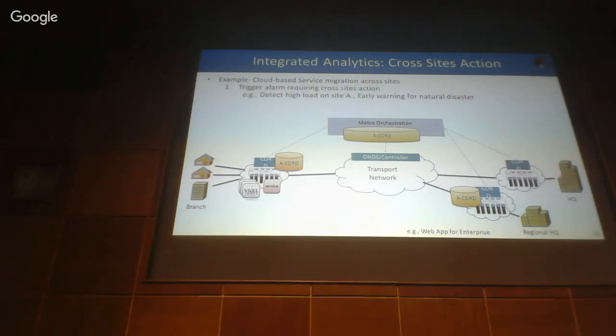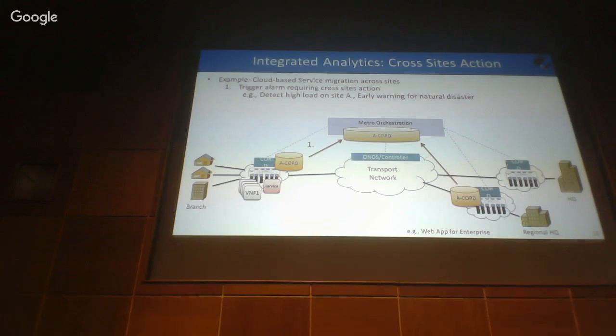One particular example here is a service migration where at one point the local ACORD instance, the one on the left-hand side here, detects that I have a service that's not performing very well. Obviously, there are a lot of choices to make, and I'm going to be a little hand-wavy about how these choices are made. But that information gets escalated to the top level of the hierarchy to understand: is this service transferable?